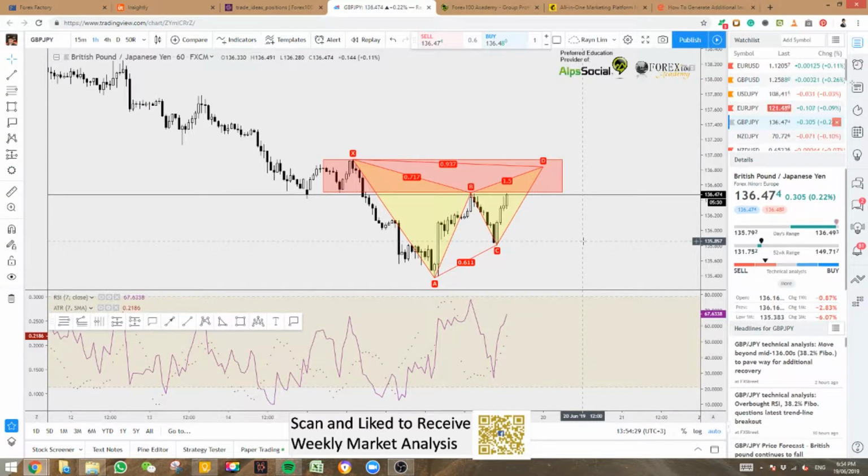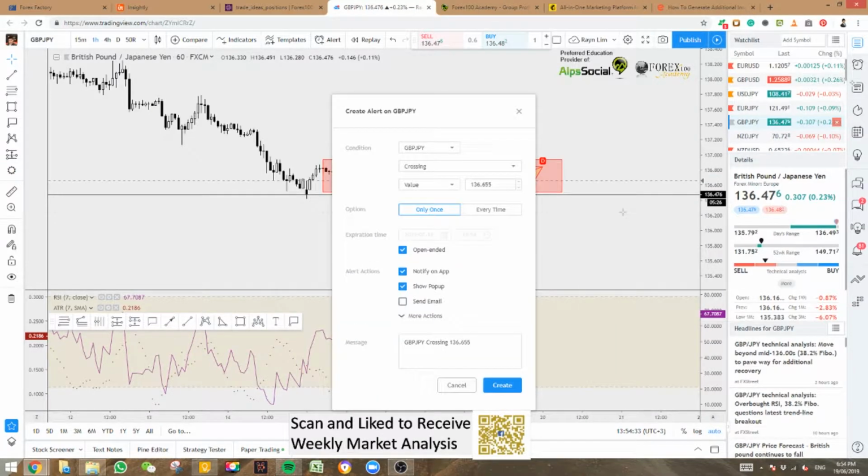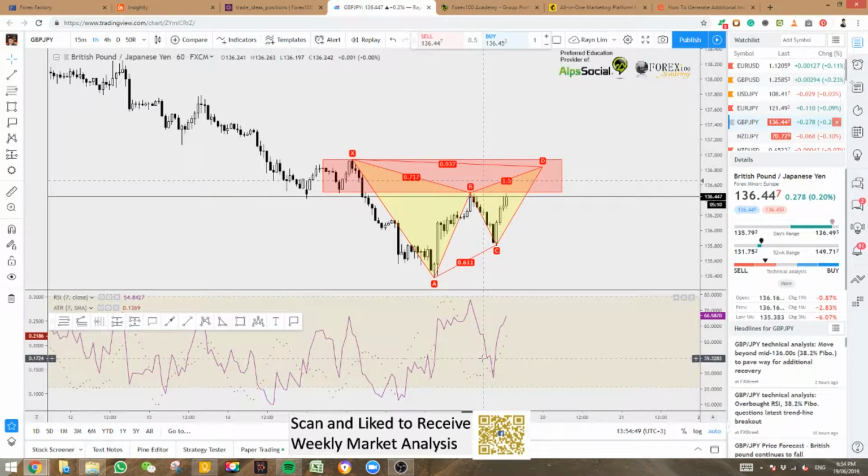All right, so this is pound yen. Set an alert, and all my alerts I use short forms, so that is more time efficient. Sorry, deep godly. Trend continuation. Got it?